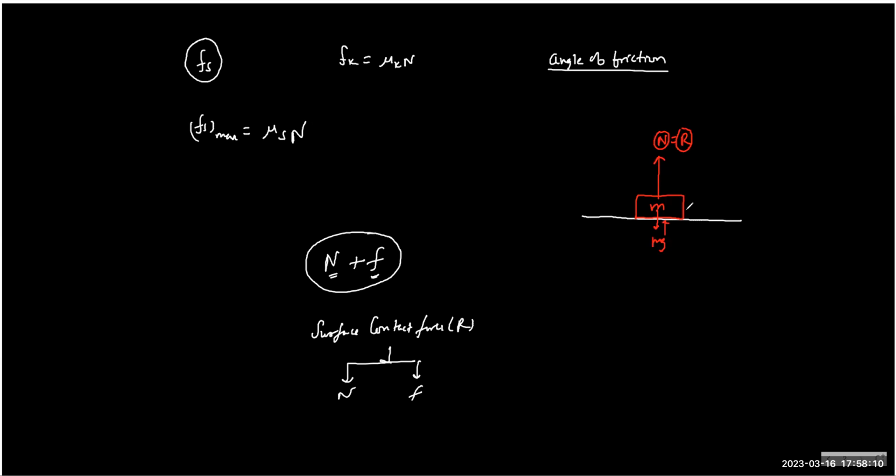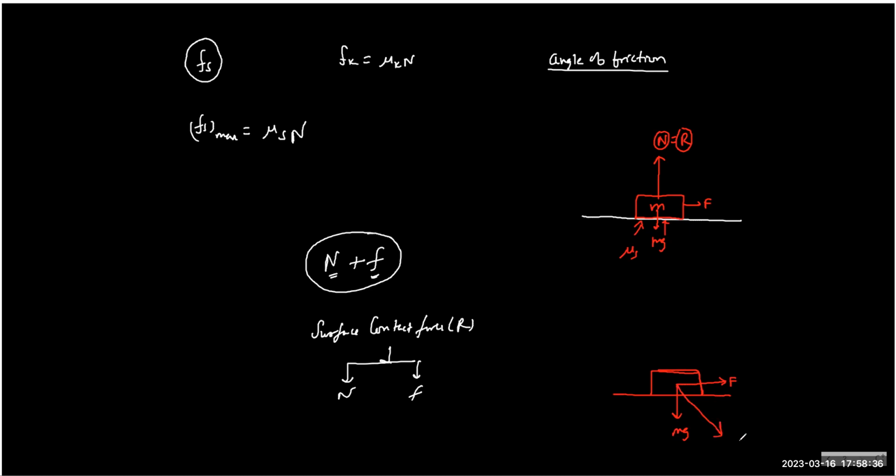But imagine someone starts applying force like this. And let's say the force is not big enough. Now, when you try to pull like this, gravity is pulling this way and you are pulling this way. So actually the net force as perceived by the block is this way.